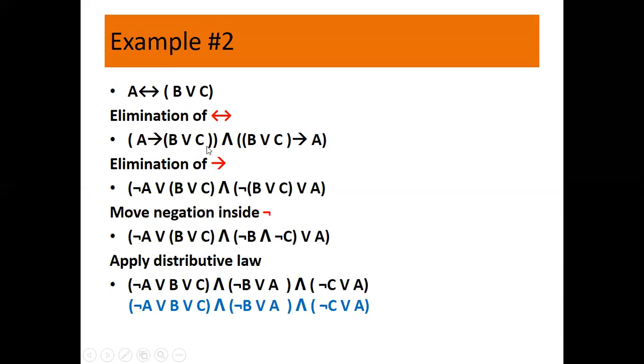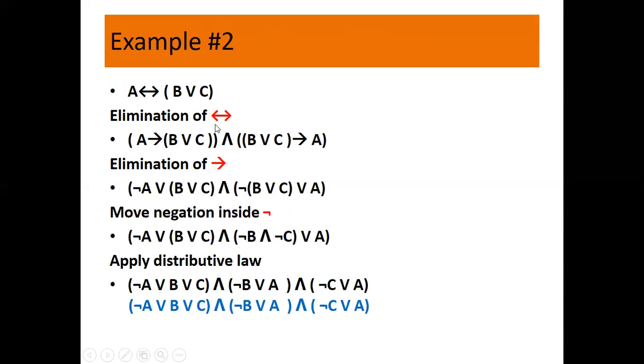A implies B or C and B or C implies A. We eliminated the biconditional operator by replacing it. Again I repeat, it is like A implies B and B implies A.